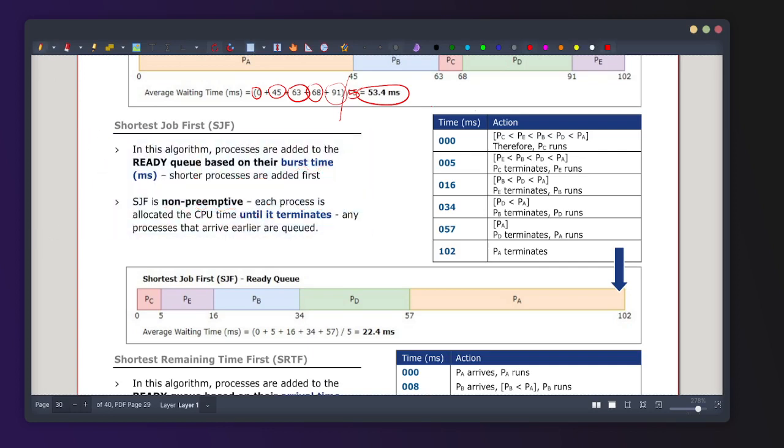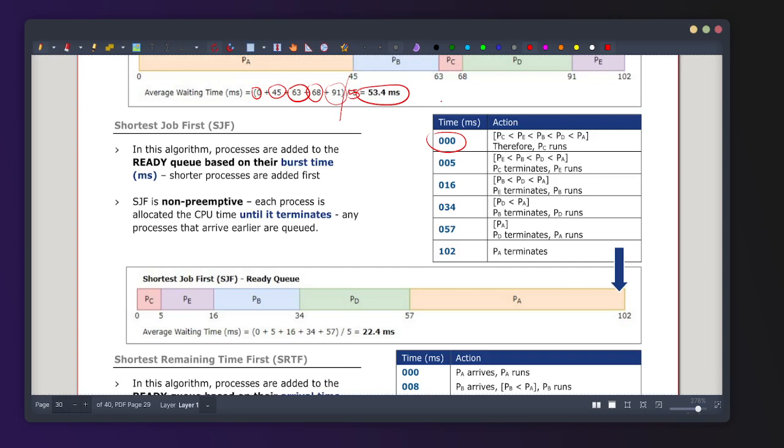Okay, so at time 0 milliseconds, ask yourself, what process arrives? Now, if you think about what process arrives, you'll find shortest job first pretty confusing.